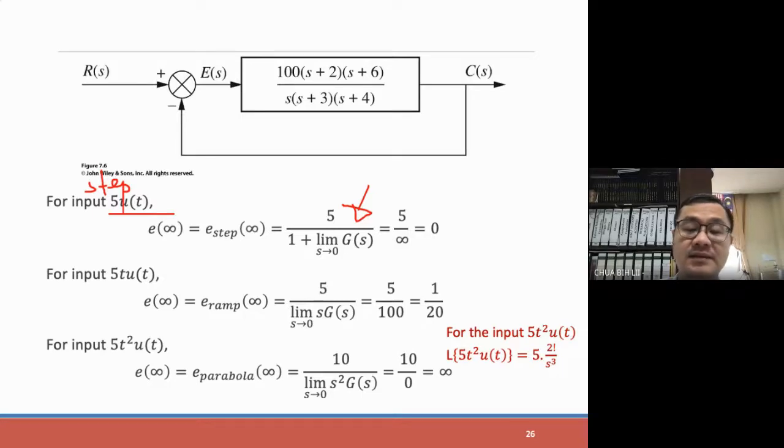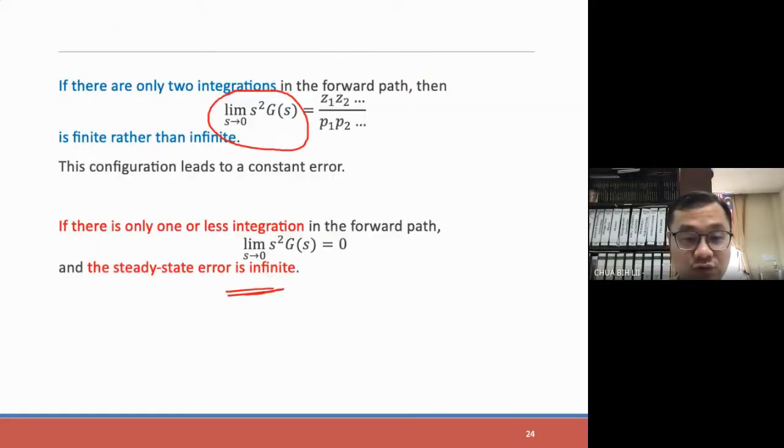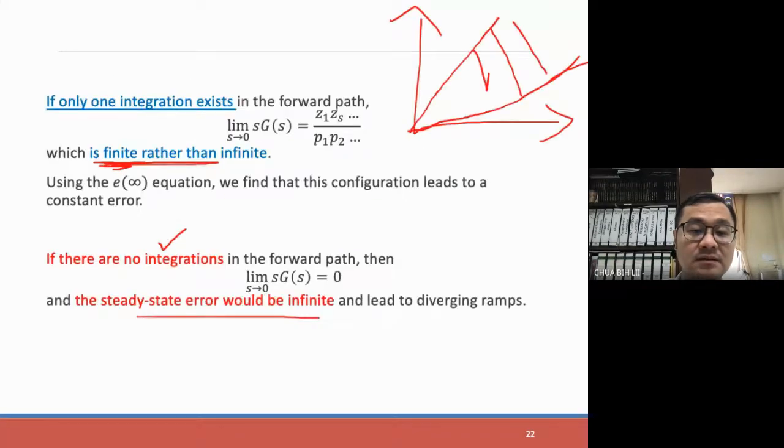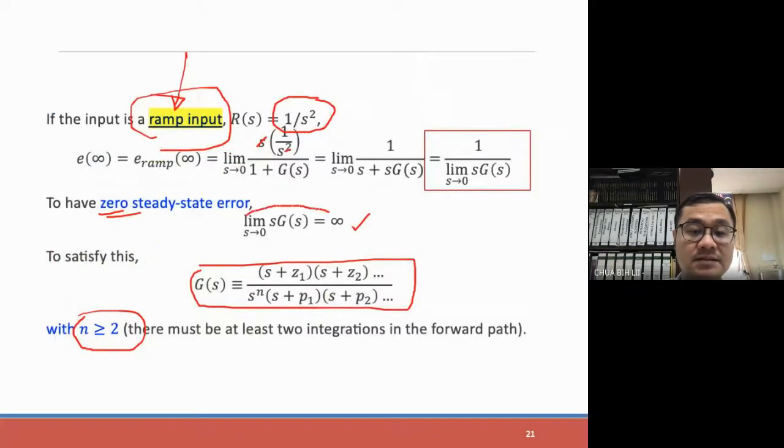Again, you have to distinguish between these, which are only for you to quickly check whether there is a finite steady state error or not.